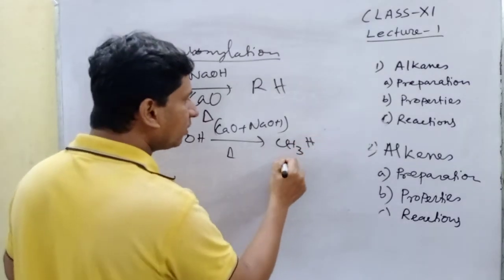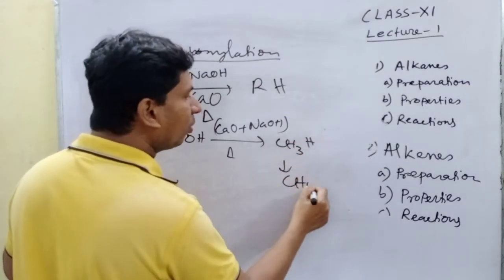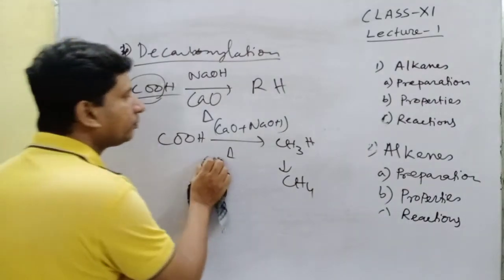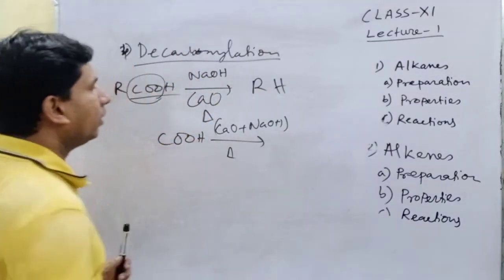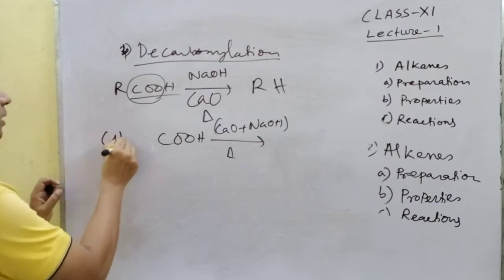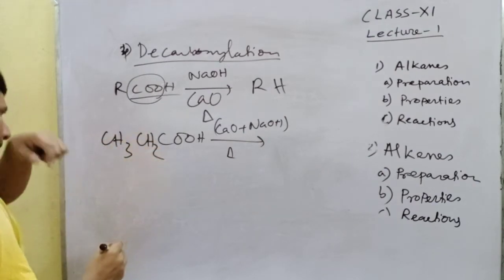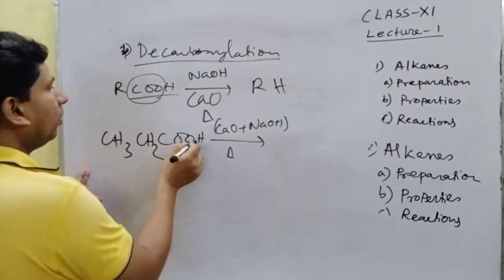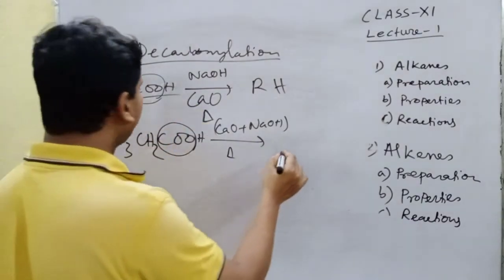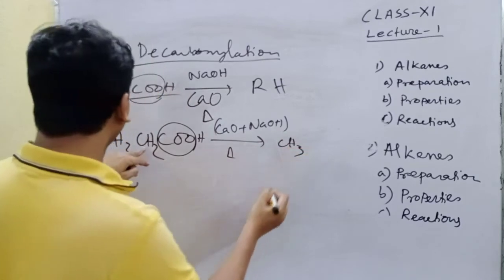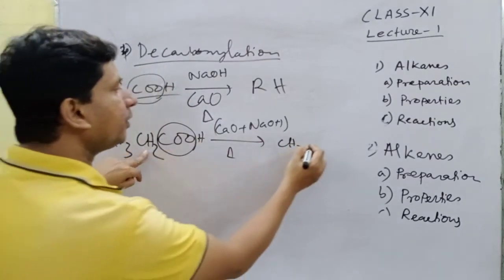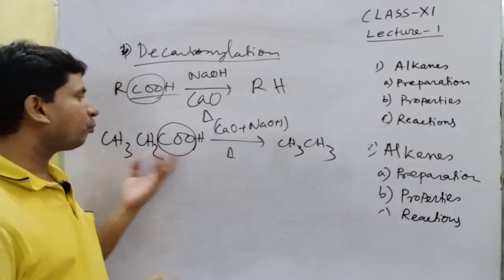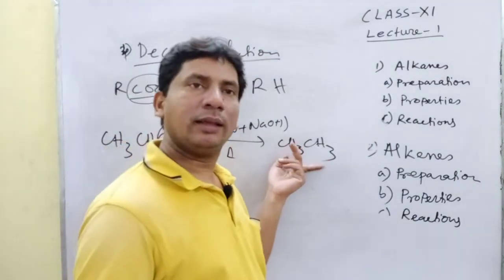CH3H means CH4. Now if we use CH3CH2COOH, that is propanoic acid, and this is removed, then we will get CH3CH2 and H, that means CH3CH3. So from propanoic acid you can get ethane.